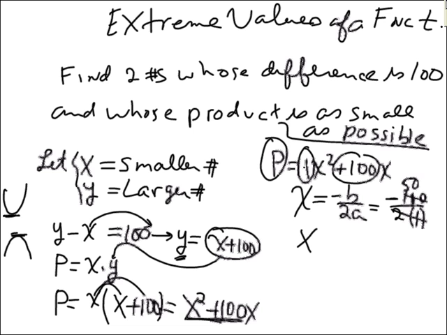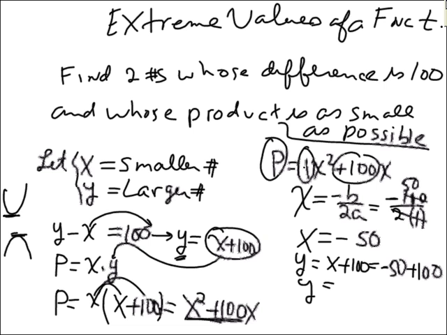Don't forget the negative sign. So x is negative 50, and y is x plus 100, which is negative 50 plus 100, or positive 50. So the two numbers are y equals 50 and x equals negative 50.